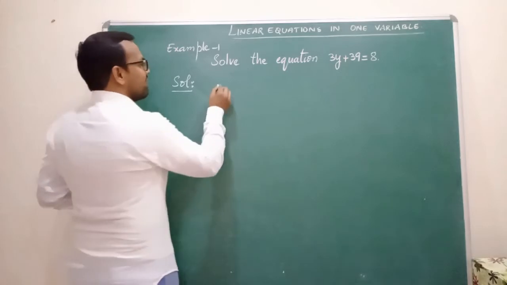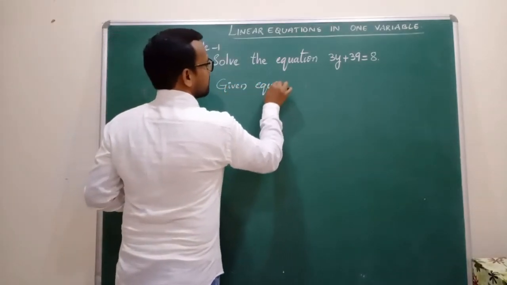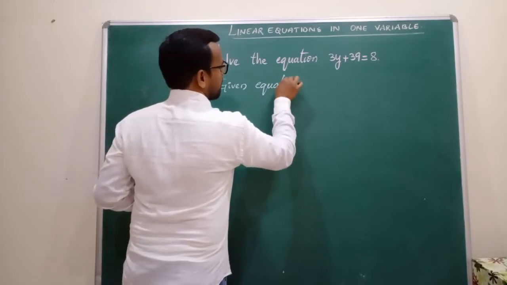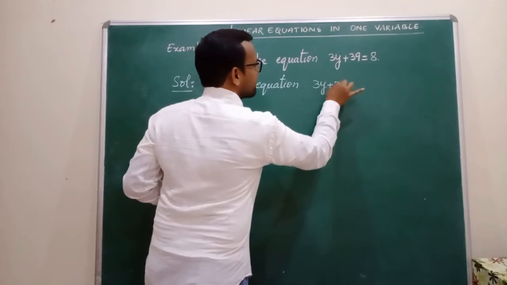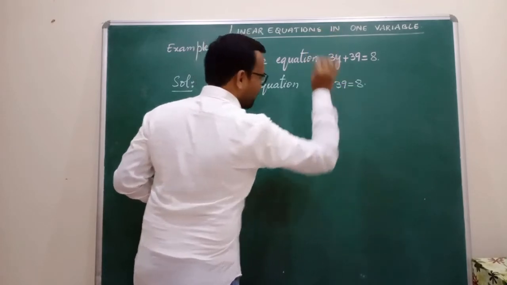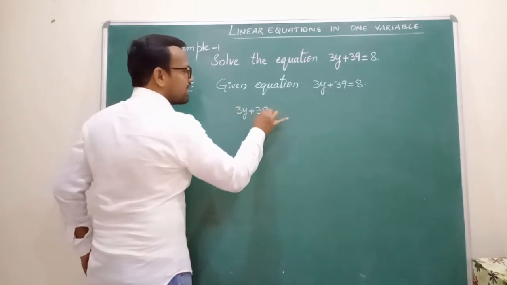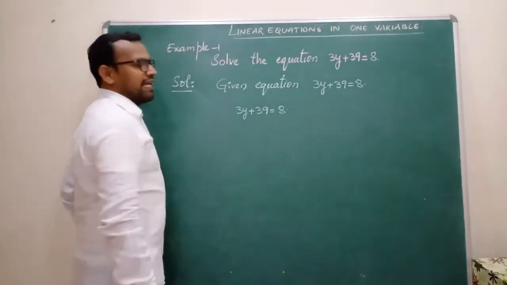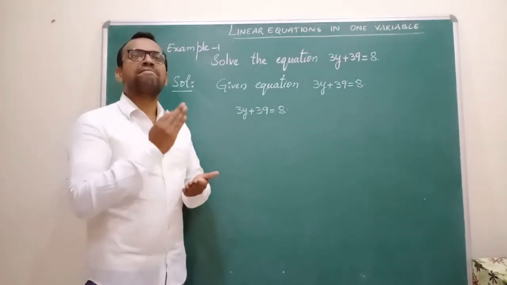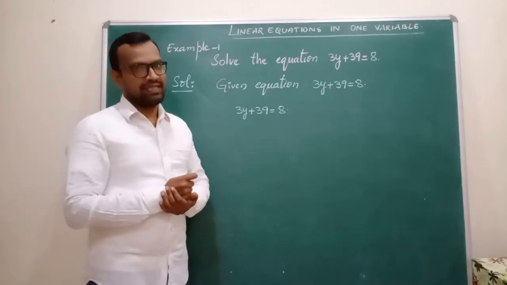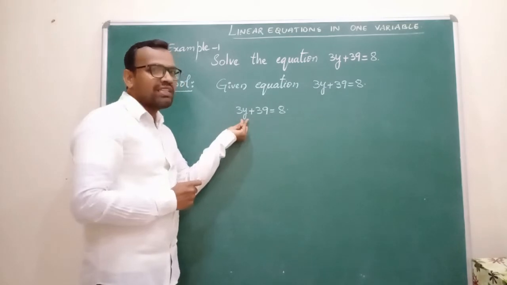Let me write the given equation: 3y plus 39 is equal to 8. Solving the equation means finding the value of the variable present in it. So we need to find the value of y.